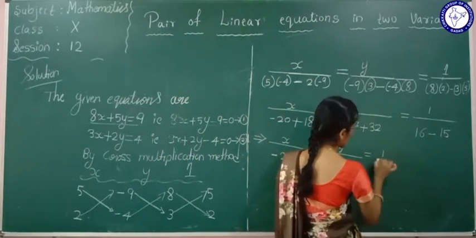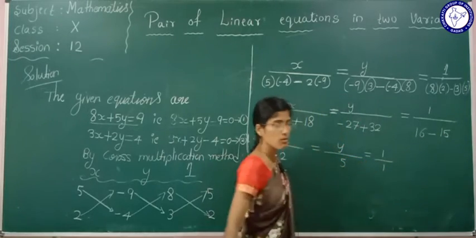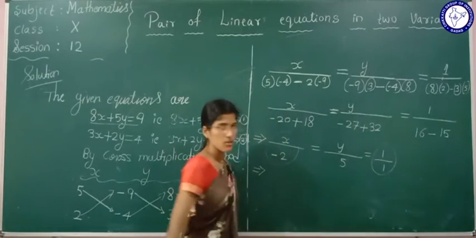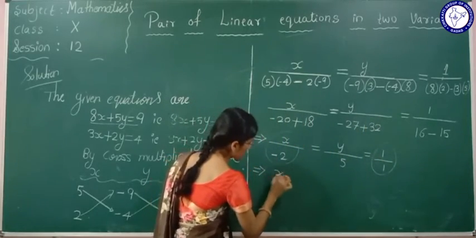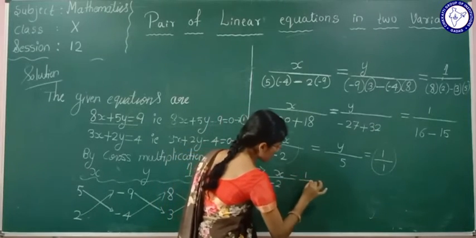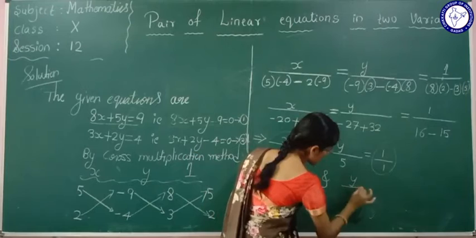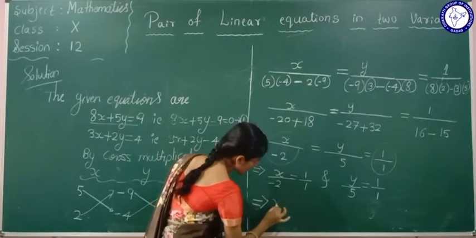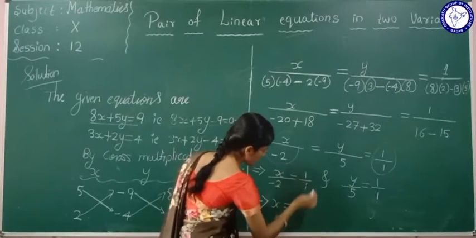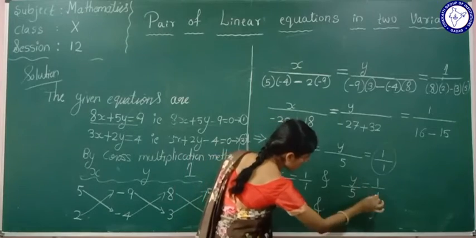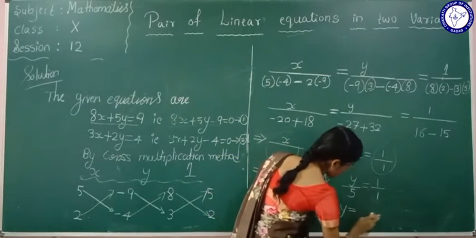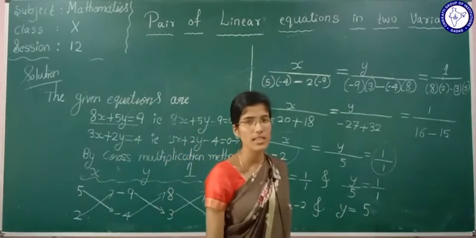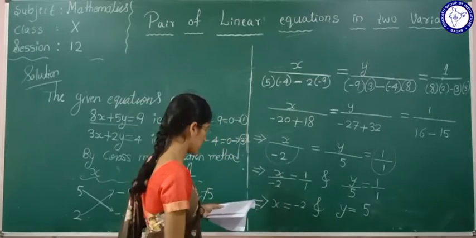Is equal to 1, 16 minus 15 is 1. Now equate these two. x divided by minus 2 is equal to 1 divided by 1, and y divided by 5 is equal to 1 divided by 1. So x is equal to minus 2 and y is equal to 5 is the solution of the given equations.